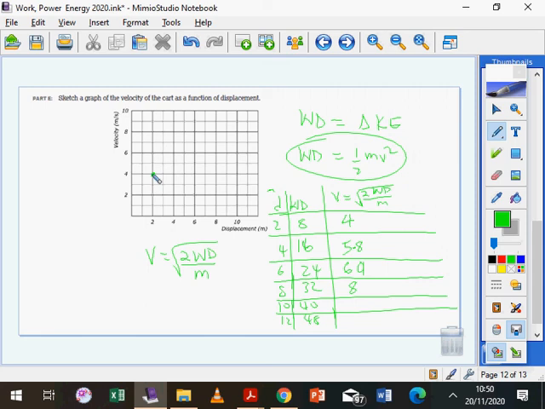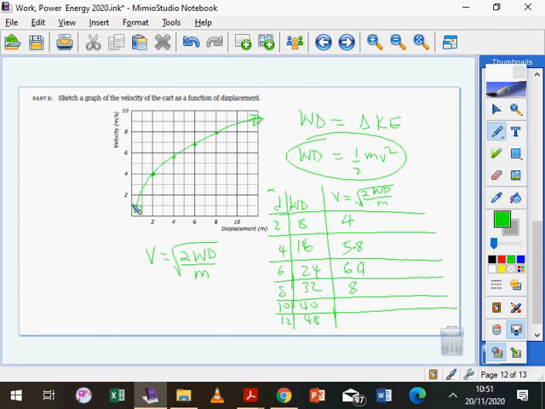When the displacement is 8, the velocity is 8. When the displacement is 10, you can get the answer. And then you'll have a graph that's kind of looking like this. That will be your graph of velocity versus displacement. I hope you can see that it's very different from a velocity-time graph, right?